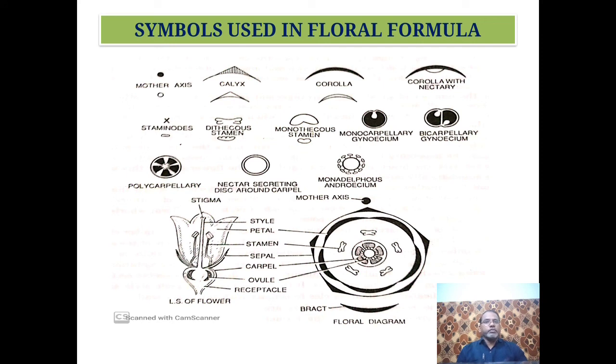It may be monocarpellary, bicarpellary or polycarpellary. A hollow circle represents the nectar secreting disc around carpel, and a ring of stamens represents the monadelphous condition of the flower.